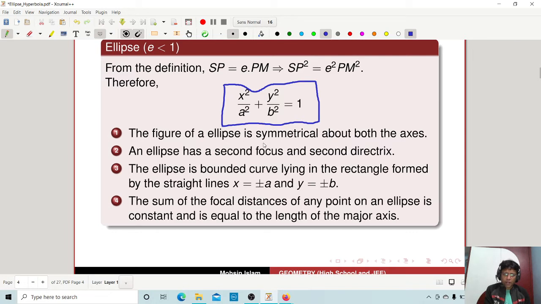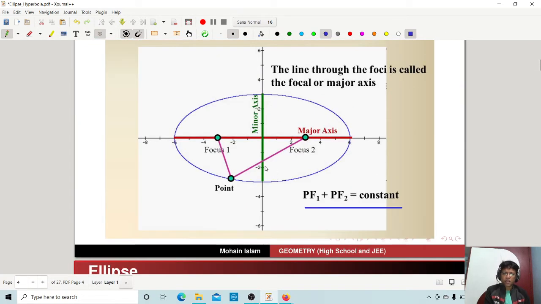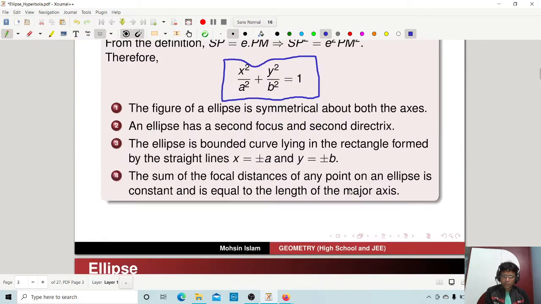The figure of the ellipse is symmetrical about both the axes. These are some important things to know. If you consider this one as x-axis and this one as y-axis, then the ellipse is symmetrical about x and y-axis, both the axes. This is a symmetric diagram.